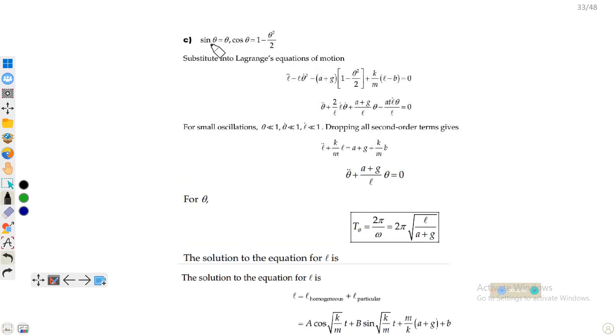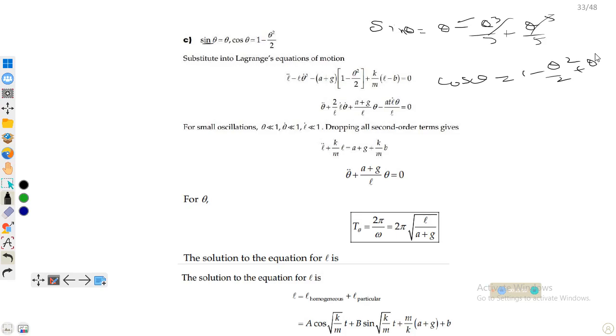You know that if we use the approximation, sine theta is equal to theta minus theta cube over 3 factorial plus theta to the 5 over 5 factorial, ignoring higher order terms. So sine theta will be equal to theta, and similarly cos theta is equal to 1 minus theta square over 2 plus theta to the 4 over 4 factorial, ignoring higher order terms.